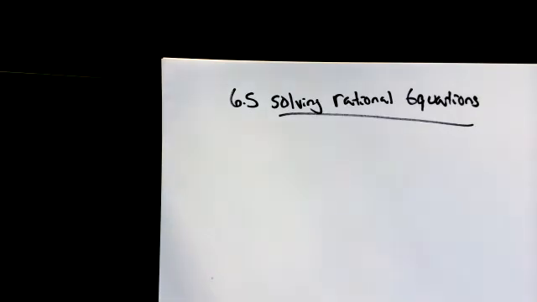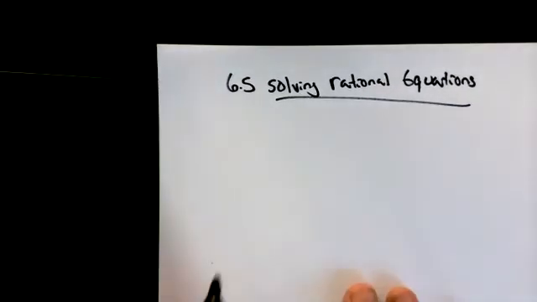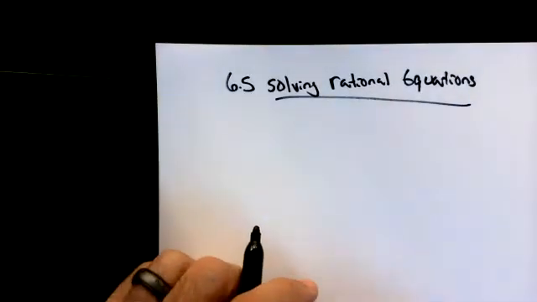Everything else from before was some sort of simplification. We were checking on the domain, or maybe we were simplifying, or we were adding or multiplying, or doing that whole complex thing we just did. This one is all about solving. We're trying to figure out what x is, or y, or a, or b, or whatever. And actually, this is all going to stem from stuff we talked about in the very first chapter.